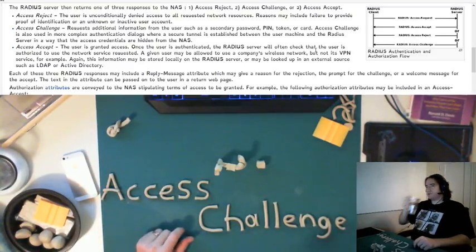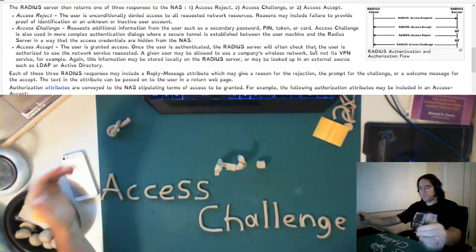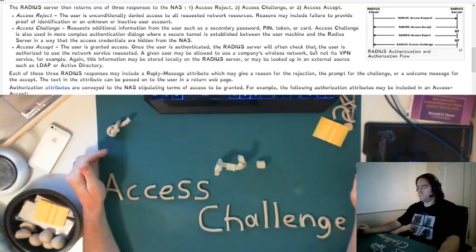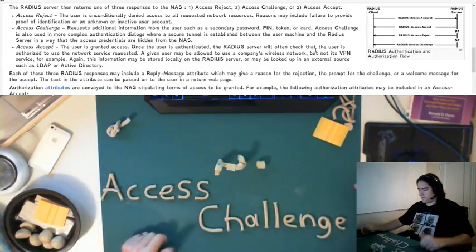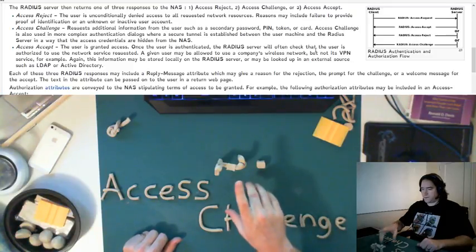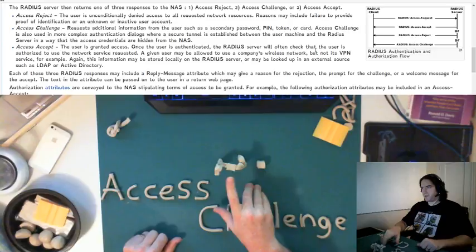Okay. Radius access challenge request. Okay. You are a radius access challenge request, meaning additional information from the user, such as username, such as a PIN, token, or card.